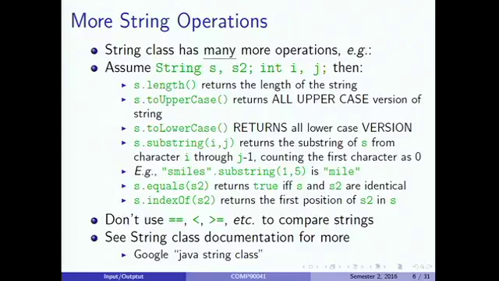And then finally, s dot index of s2 says, look in the string s and find the first place you can find the string s2. So if s is smiles and s2 is le, then it's going to give you the integer position, which is 0, 1, 2, 3.